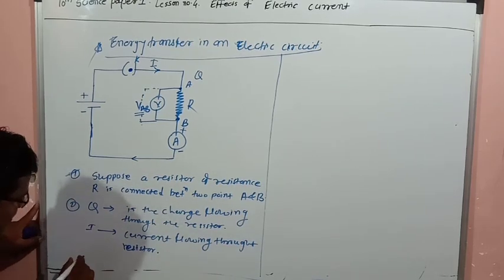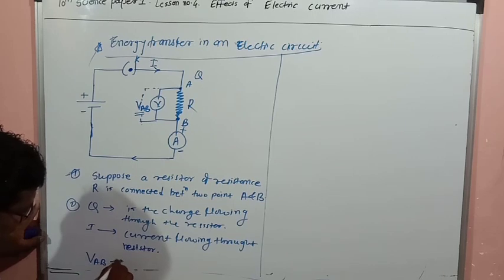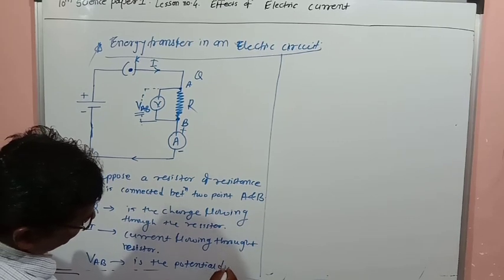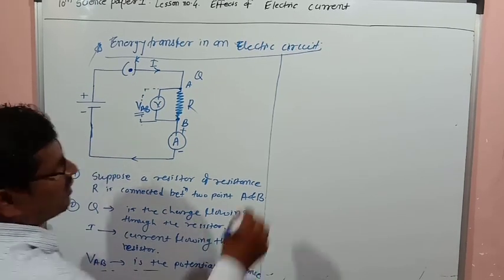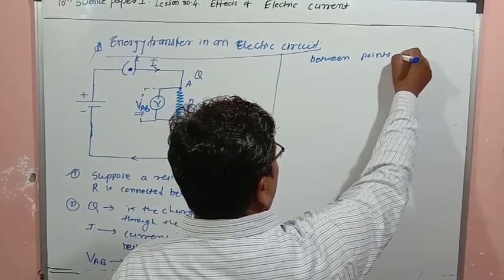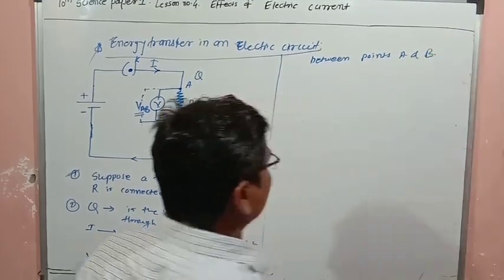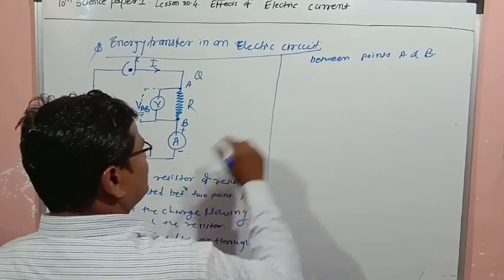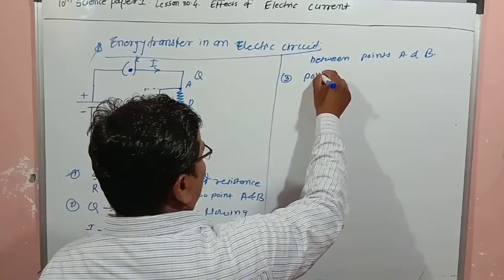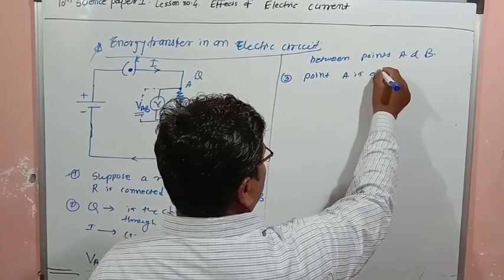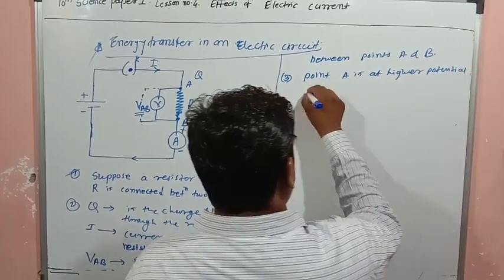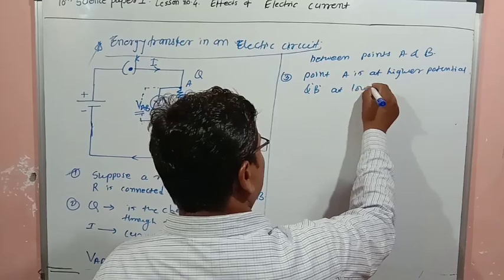Again one more thing is there, VAB is the potential difference between points A and B. Next, third point: point A is at higher potential and point B is at lower potential.